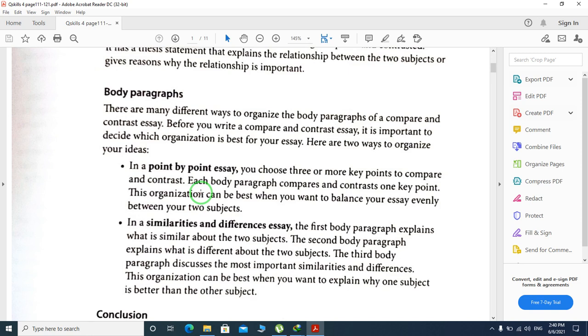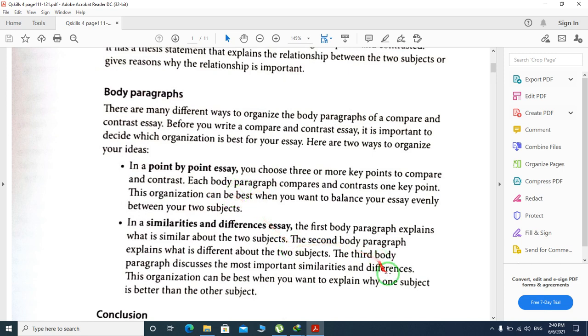For example, in the first paragraph you can talk about the population of the two cities, and in the next paragraph you can talk about the average income of the inhabitants, or the size of the city, the beautiful places and the historical places of the city. So each paragraph should be about one particular topic.